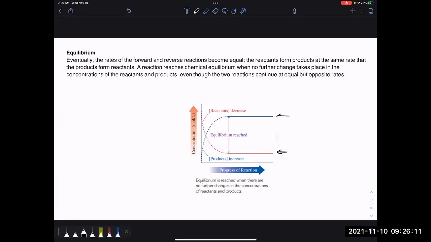Most reactions, if you take Chem 20 or more chemistry, are designed to go almost to completion. Because we end up at this level where there's still an amount of reactants there. Even though we have a lot more of our products, we can't use up all the reactants because our products keep breaking apart and going back to our reactants.